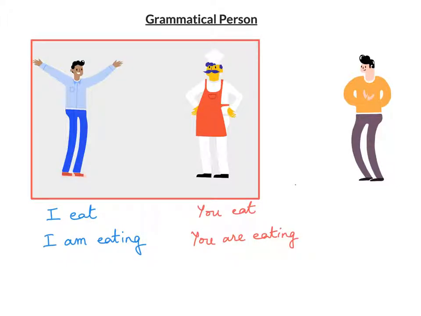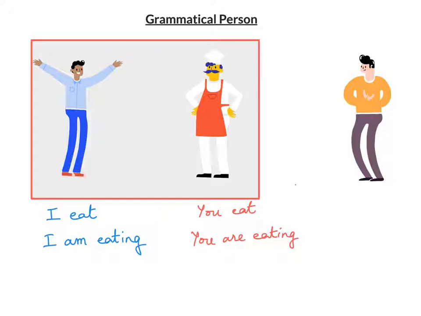Can you see? This I changes into you, and the change actually describes who is doing the action. When I eat is being said, it's the speaker who's doing the eating himself. When he's saying you eat, it's the listener or the person who is in the conversation who is eating.